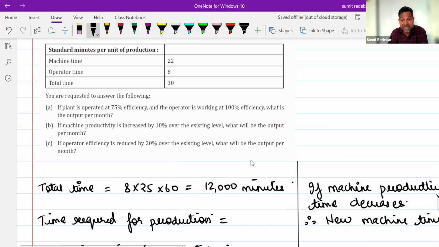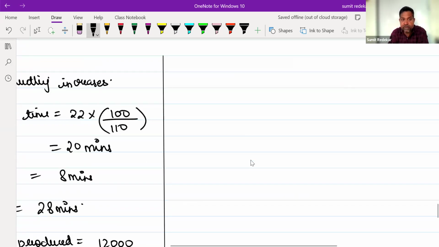If the operator becomes less productive, the time will increase.